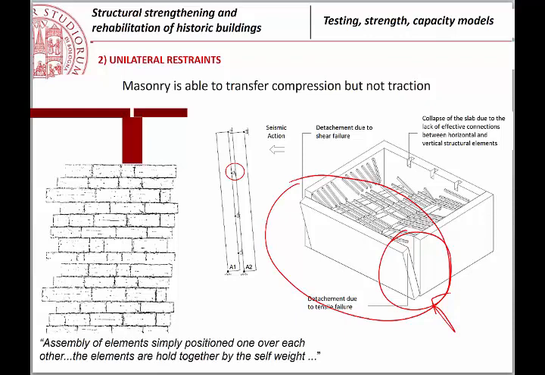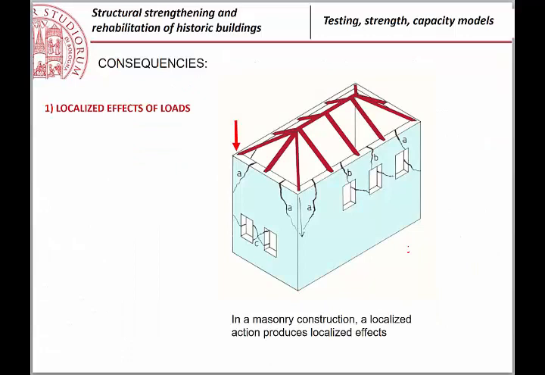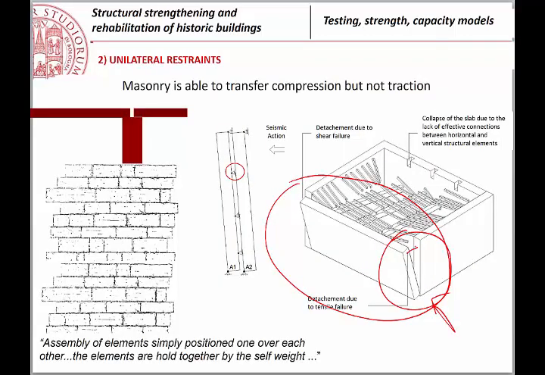So unilateral means that, in compression, this wall will work together with the other one, but if instead we have some action that puts tractions at the level of a junction of two walls, typically you have a detachment.